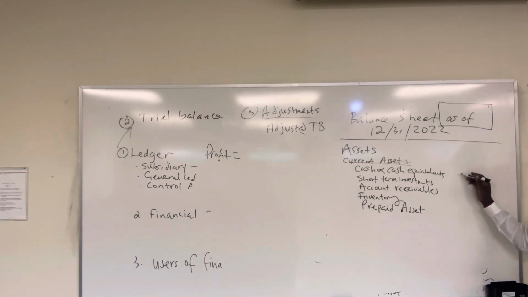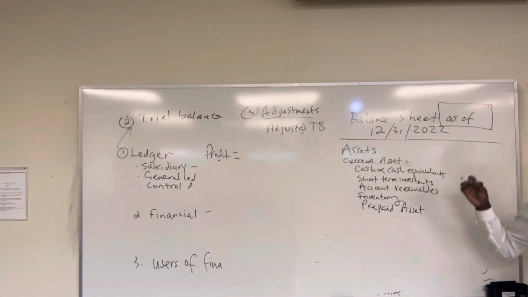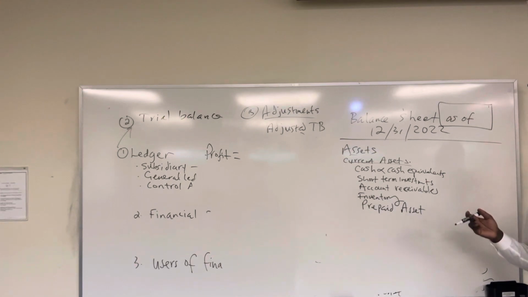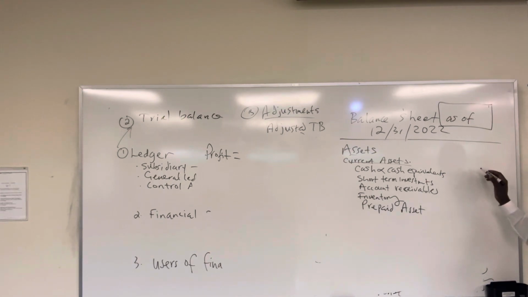So these are examples of current assets. Cash and cash equivalents like CDs and stuff like that that you can get cash for within 90 days, right? So let's say that our cash and cash equivalent is $1,000, for example. Our short-term investments is $2,000. Accounts receivable is $3,000.